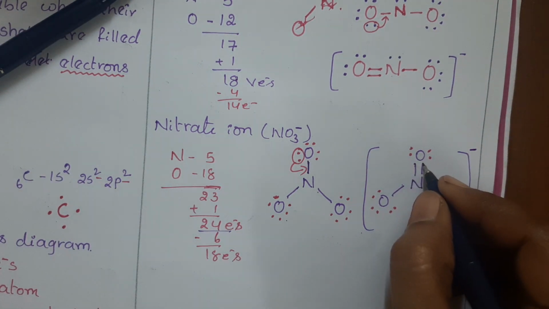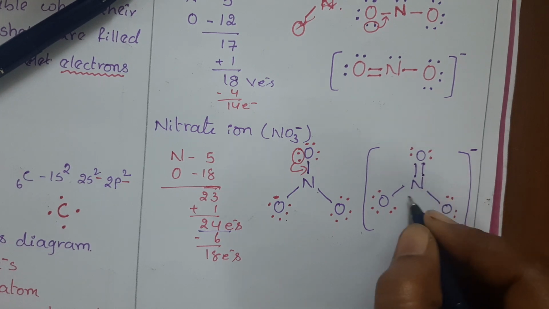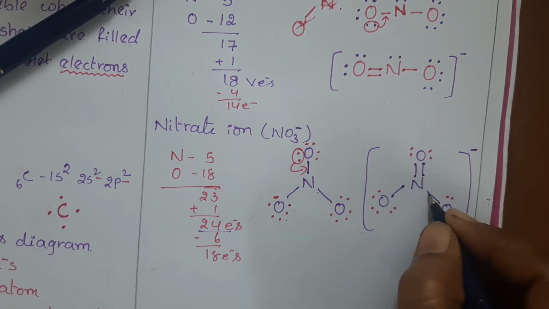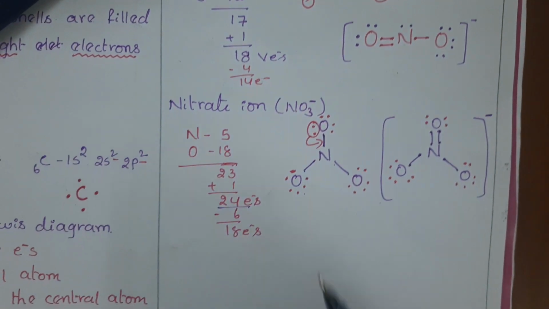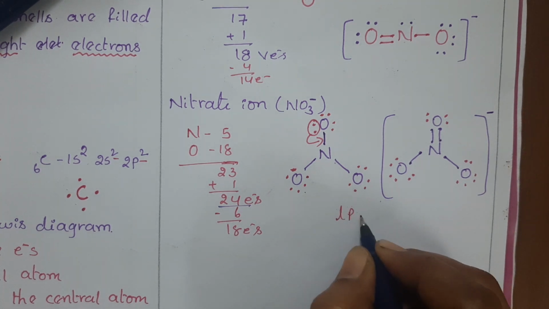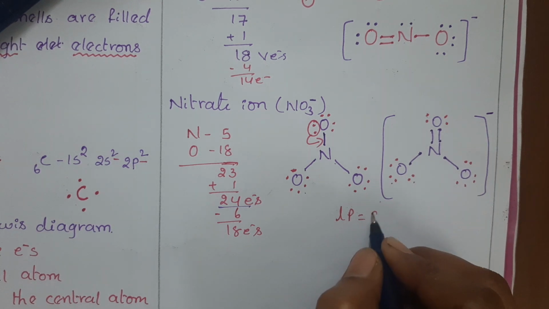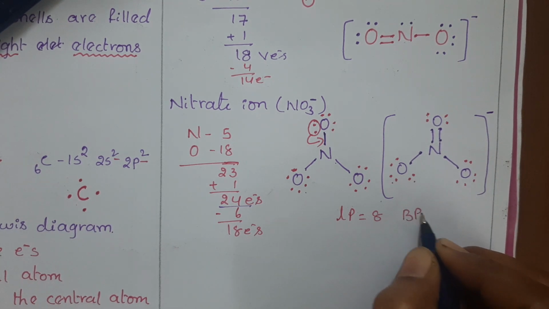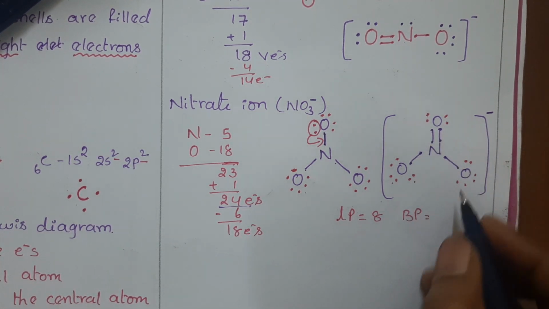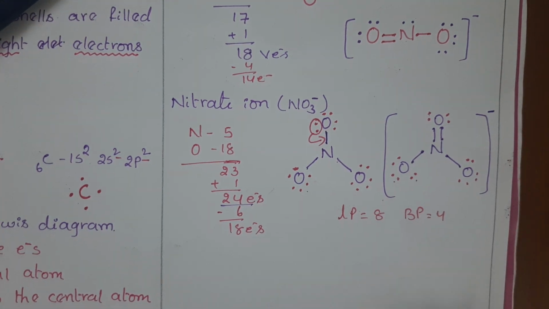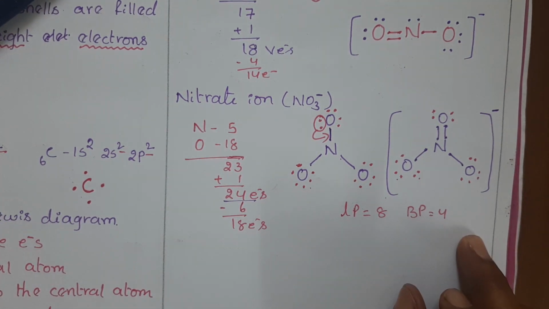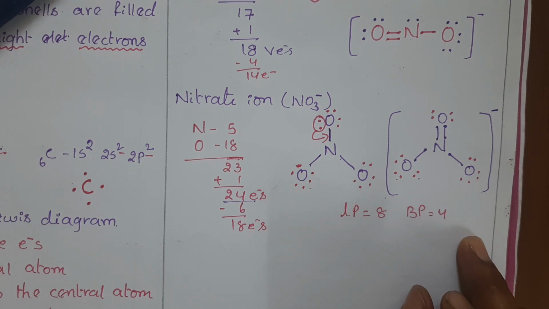And now we can write the number of bond pairs and also the number of lone pairs. How many lone pairs are there here? Lone pairs equal 1, 2, 3, 4, 5, 6, 7, 8. 8 lone pairs and bond pairs are 1, 2, 3, 4. So 8 lone pairs and 4 bond pairs.